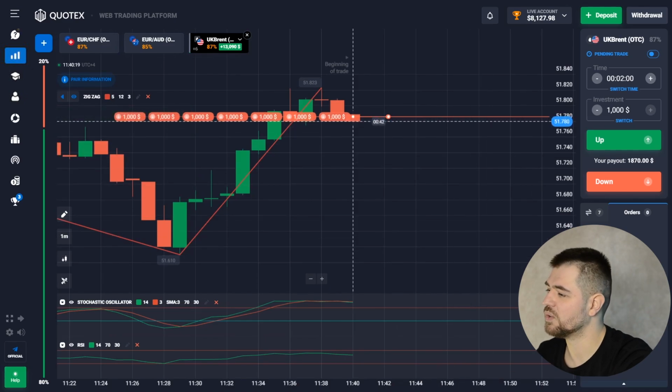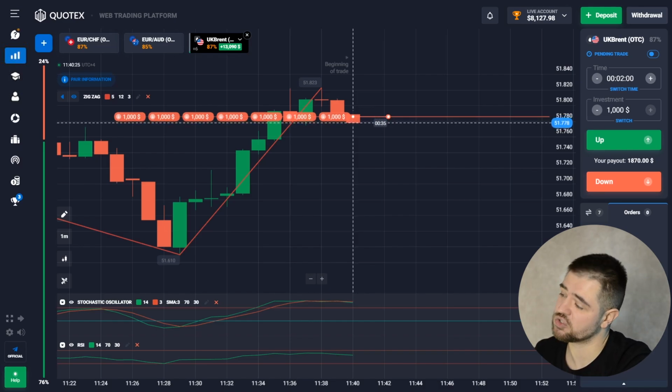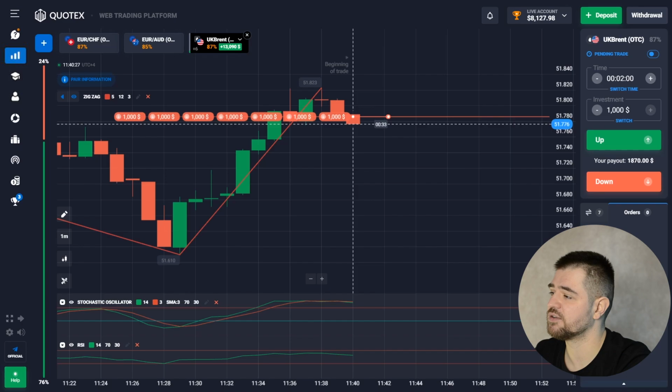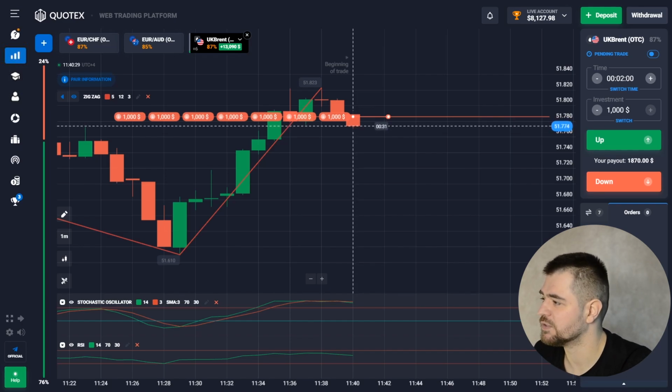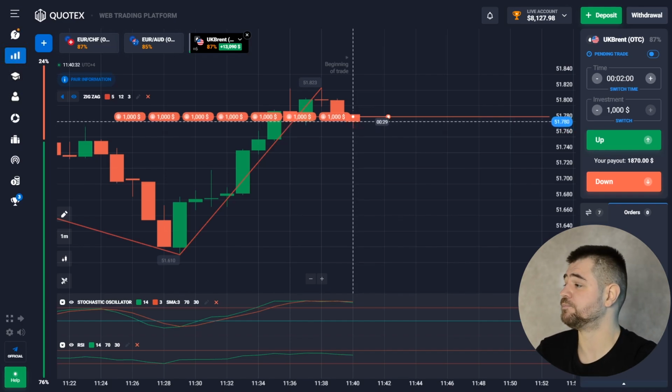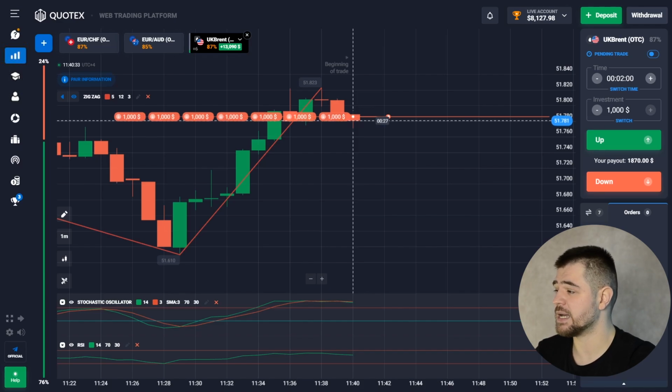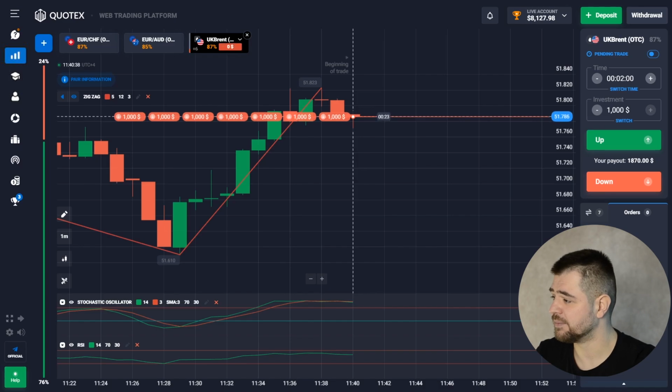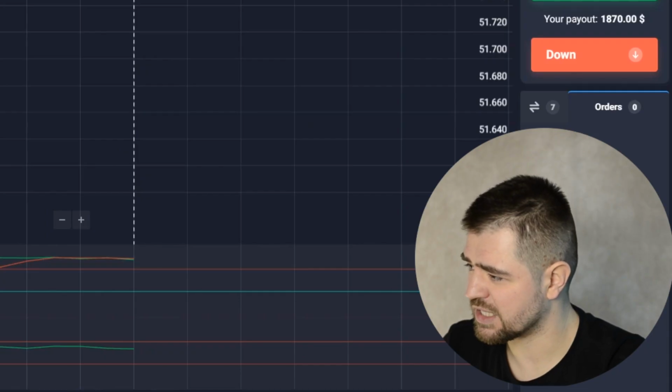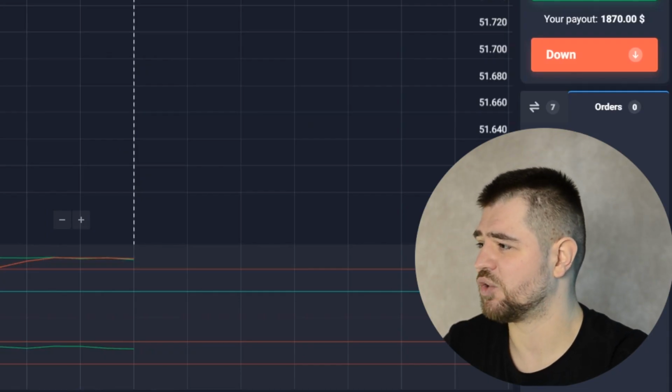Okay, so we have a 7,000 put option. There is quite a strong impulse there, so we're gonna use that for 2 minutes, so I can explain as well. So we are at the maximums. When it's in the overbought area, it's kind of oversaturated.